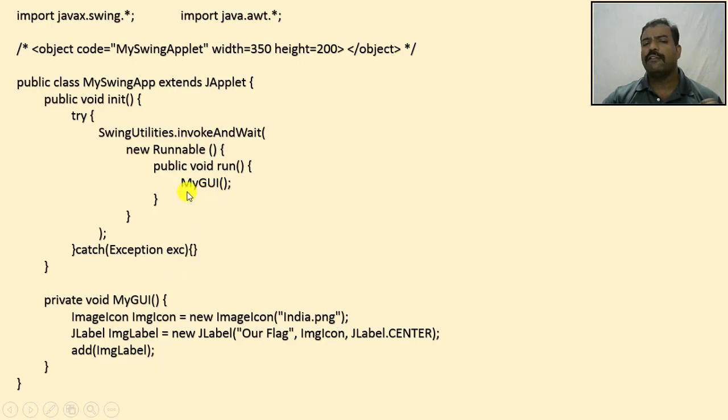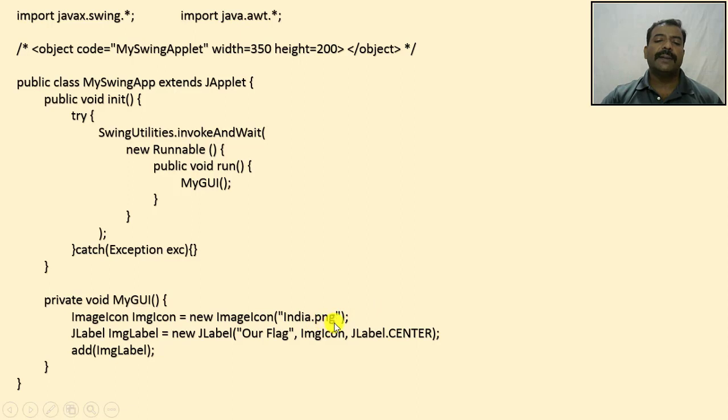That is what I'm calling the function name, what I am defining as my GUI. And so now using this my GUI, I'm going to create an object of the class ImageIcon using the constructor of the class ImageIcon by passing the file name, because right now this image is in the current working directory itself.